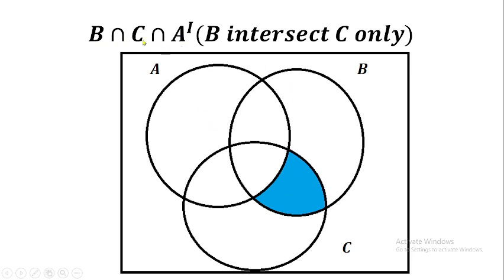Remove A, then whatever B and C have in common is what you're having here. That's what is represented as well, B intersection C only. I hope you understand that as well.